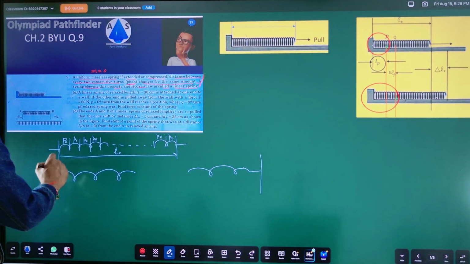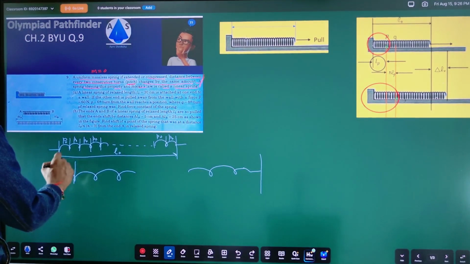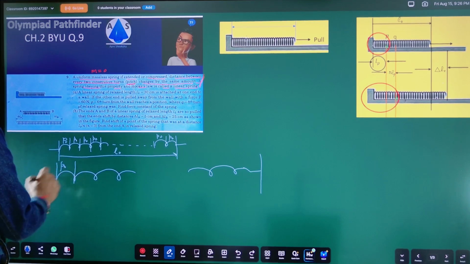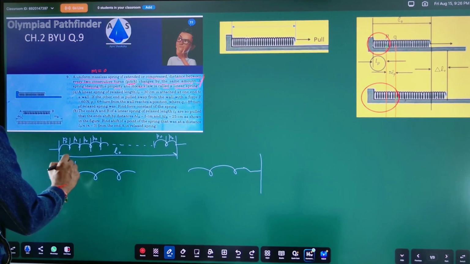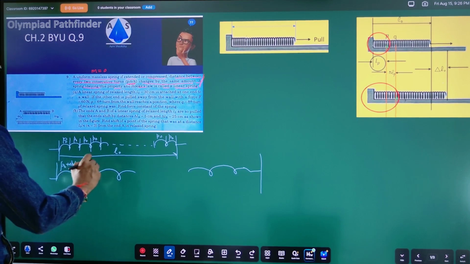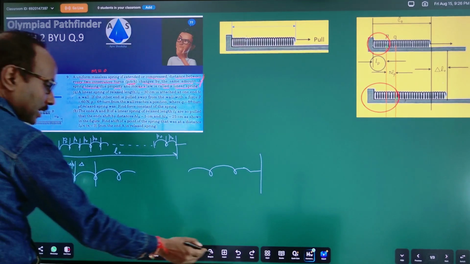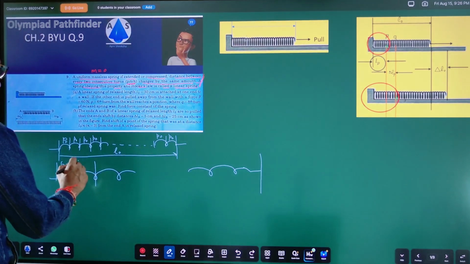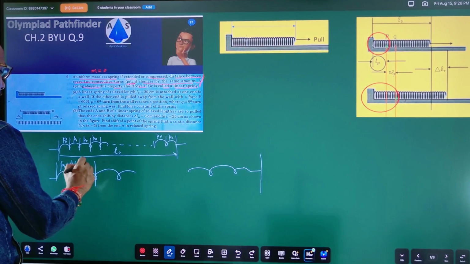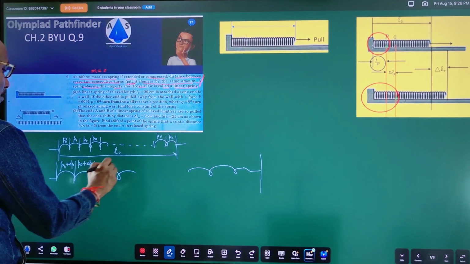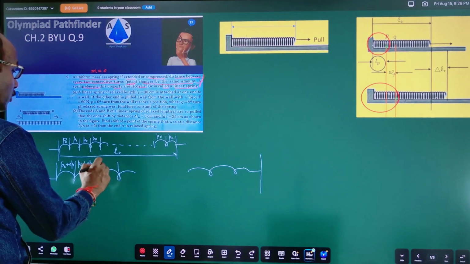So the gap between each turn, that initially was P naught, has increased by delta P naught. Each turn gap will be increased by delta P naught. Hence it is equal.